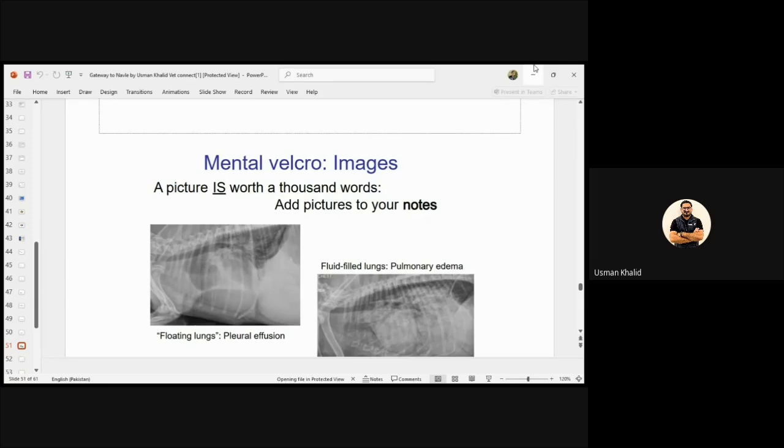So there are some uroliths that are not visible on your radiographs. They are radiolucent, so you can't see them. For example, someone answered as well. Basically there are some phrases in VetPrep and in Zuku, and you can create your own.